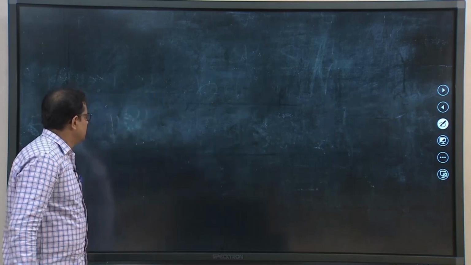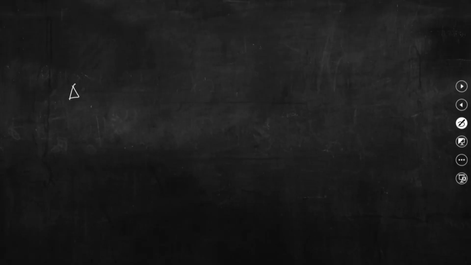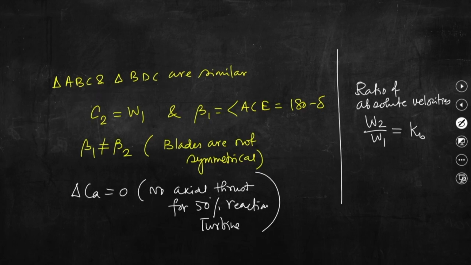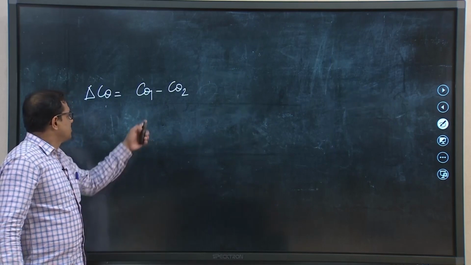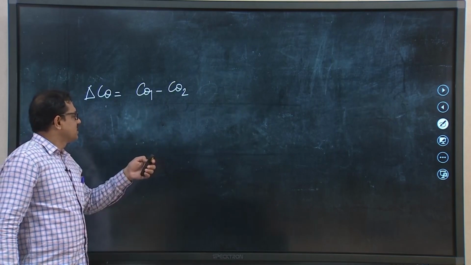Now, if we try to quantify delta C theta, that is C theta 1 minus C theta 2. This is C A 1 minus C A 2, which is equal to 0, that is C A 1 equal to C A 2. I will come to this particular point later today. So, C theta 1 minus C theta 2.